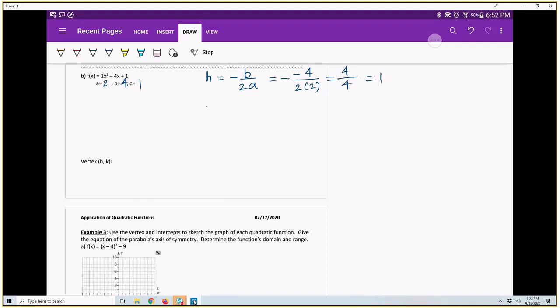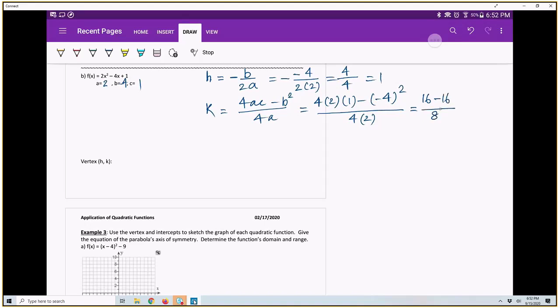Now remember k, the formula was 4ac minus b squared over 4a. So if I use the formula, I should get 4 times 2 times c is 1 minus b squared, which will be -4 squared, over 4 times a is 2, which is going to be 4 times 2 is 16 times 1 is 16 minus -4 squared is also 16. So it is 16 minus 16 over 8. So that's 0 over 8 and hence 0.